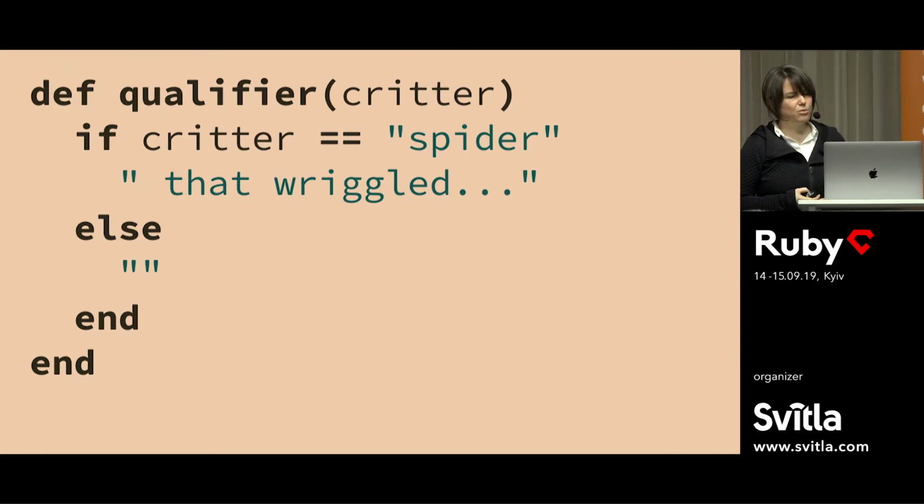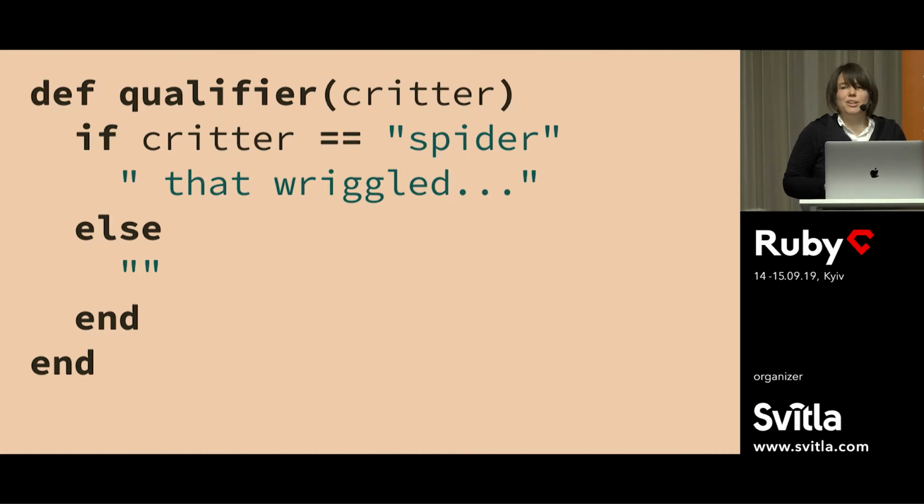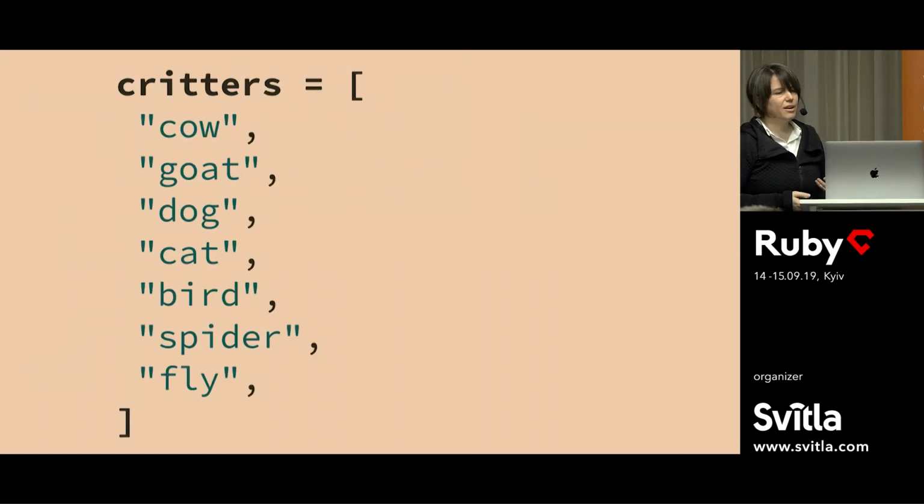Notice that the result of the method depends solely on the argument that is passed. Right? This method could live anywhere. It could be a global function for all we care. It doesn't depend on anything to do with the song class. Now, earlier in this refactoring, we identified the concept of a critter, and each critter is a string representing the name of that critter.